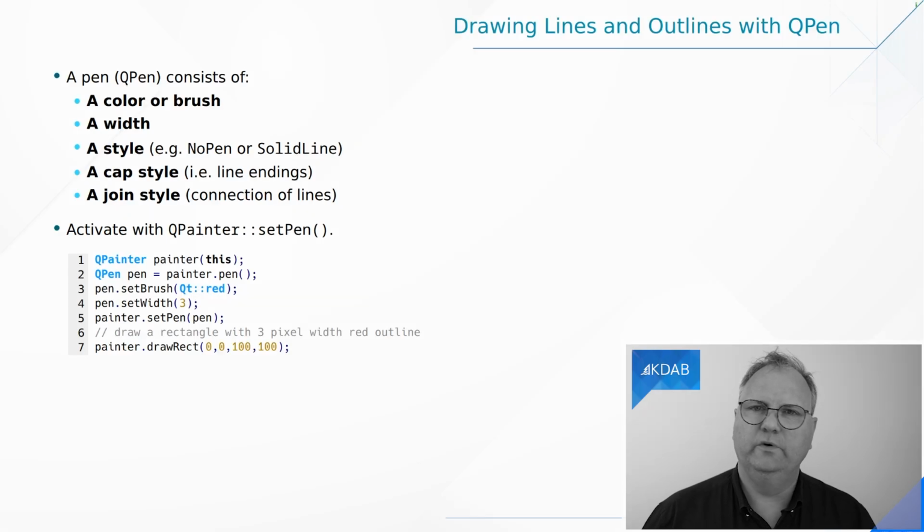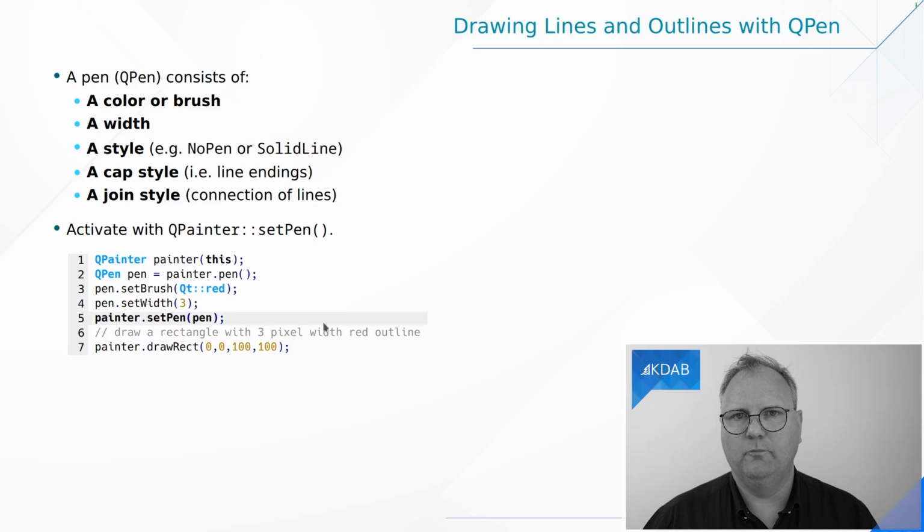In the example, we saw that we changed the pen by operating on an instance of QPen and then setting that pen on our painter. A pen has a number of properties that is worthwhile to know about. First of all, the pen has a color, or it can have a brush. And a brush is a pattern that usually is used for filling objects. We'll see that in the next slide.